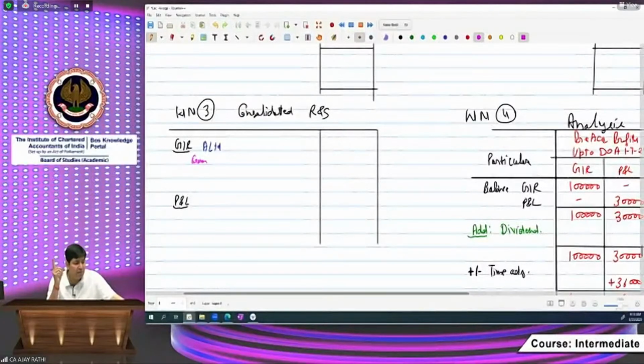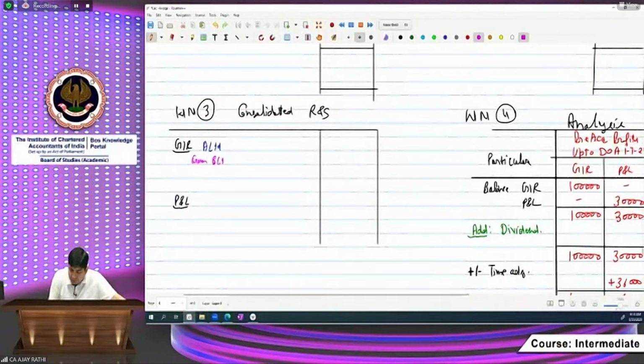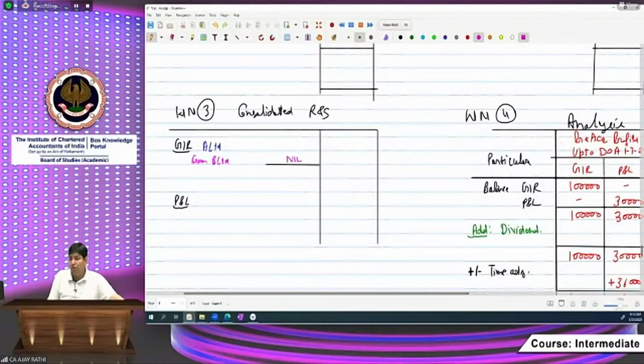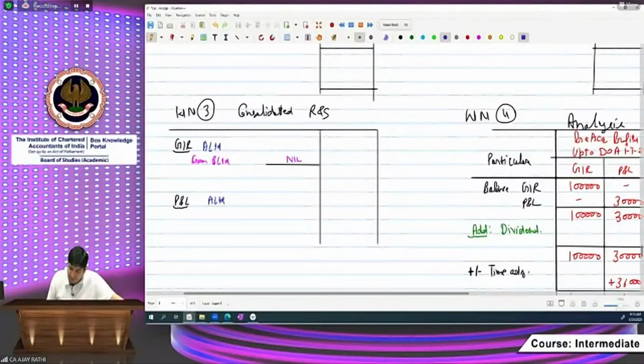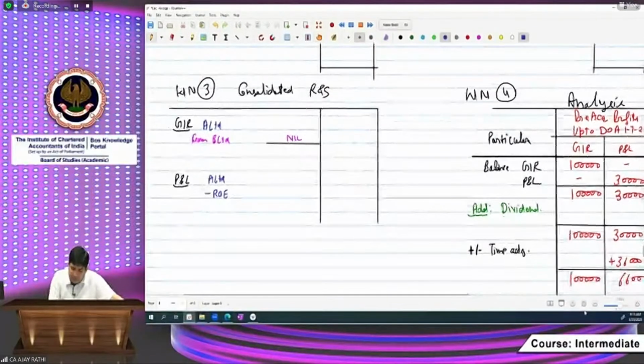one more thing is also there. First, we have to rectify P&L balance. Remember, from B limited, there is nothing which can be called as revenue nature for general reserve, which we got from calculation. Anyways, now for P&L, A Limited. There will be rectification of error. You already know that. We shall be doing, don't worry.